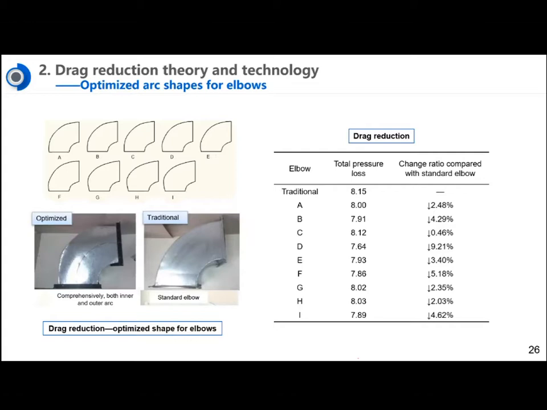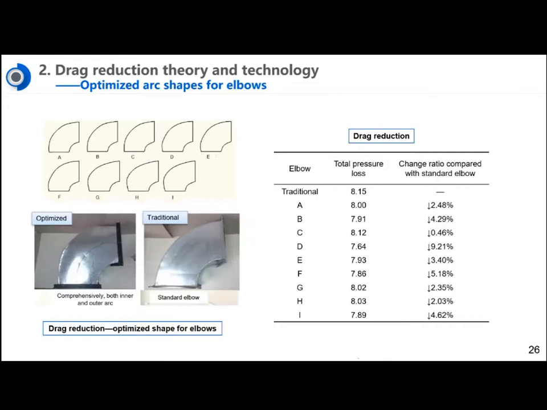This is a comparison of the total pressure loss and the increase or decrease ratio compared with the traditional airballs.